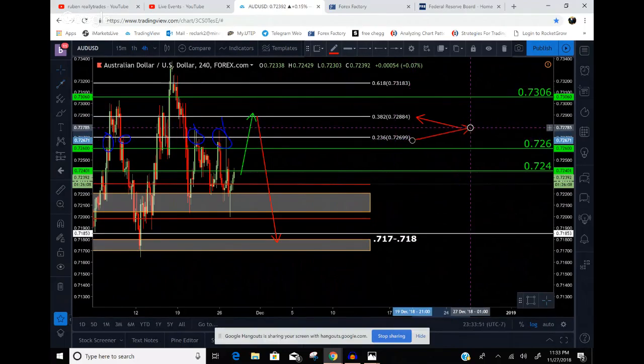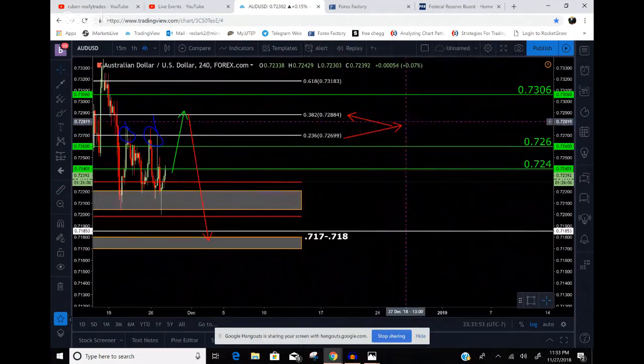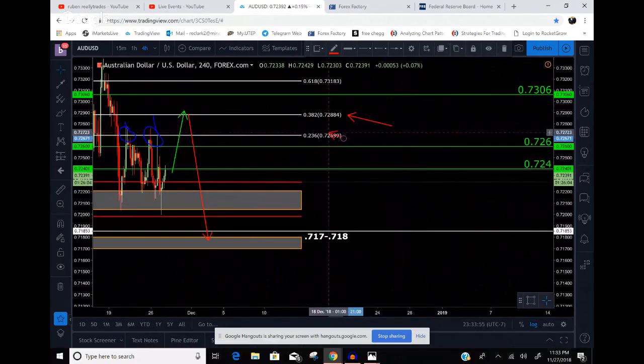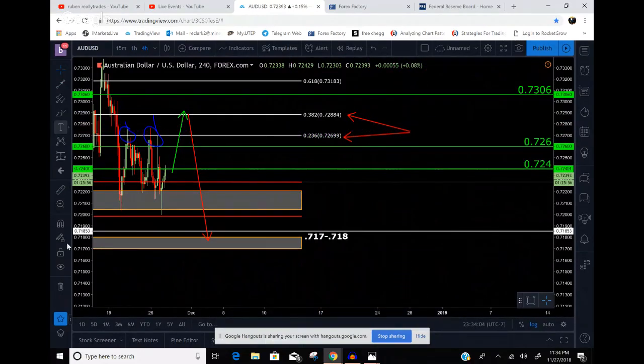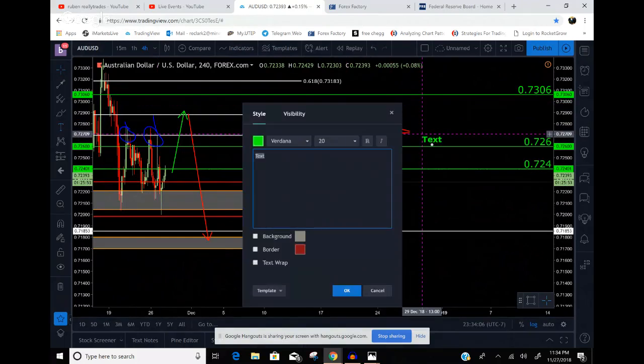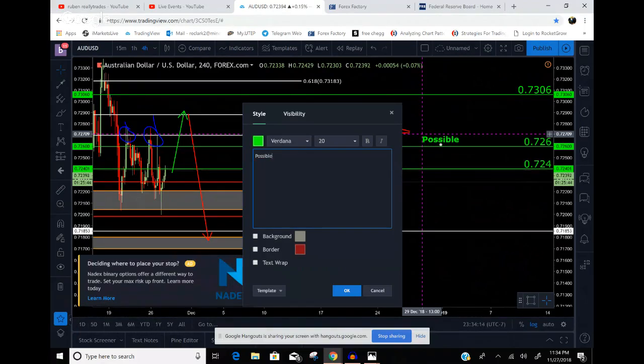And then we're also about to have our sell at our 236, which is right here. So let me write this out for y'all. Possible sell limits.